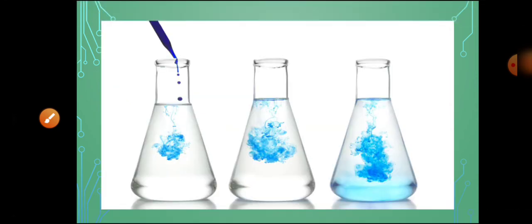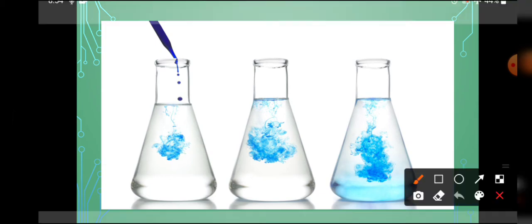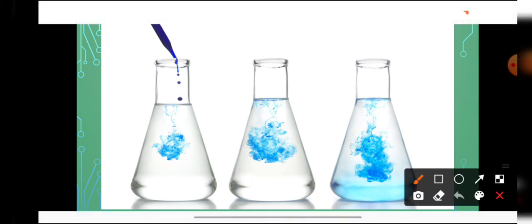Now what is diffusion? Let us try to understand it with the help of a simple experiment. Students, if we put a water-soluble dye into a beaker filled with water, then what will happen? The dye will dissolve in water, and the color of the dye will spread throughout the water.